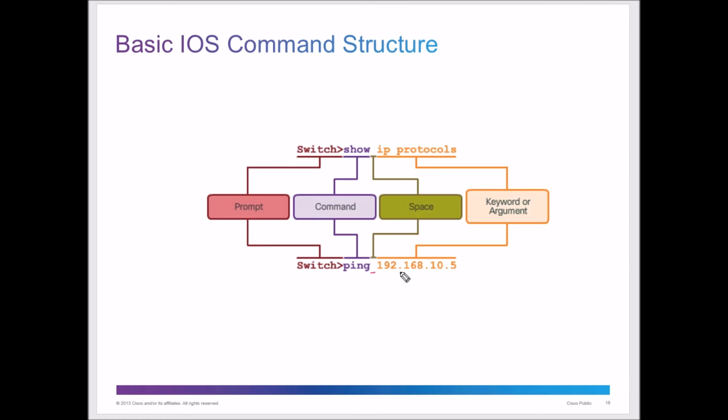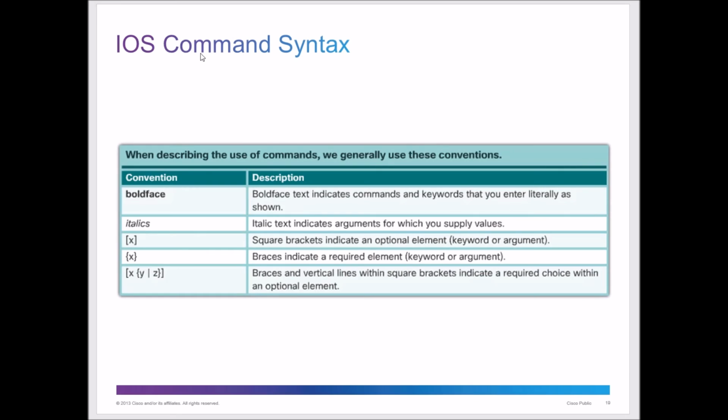Then you'll have your argument or your keyword. So you're going to have your prompt, which tells you where you are located in the operating system. What command are you going to be putting in? A space in between your command and your keyword or your argument. And in this case, this is our IP protocol, so we're going to ping an IP address in this particular command here.